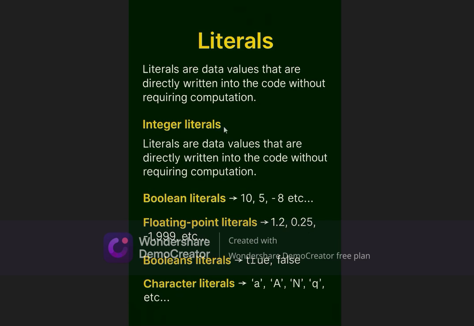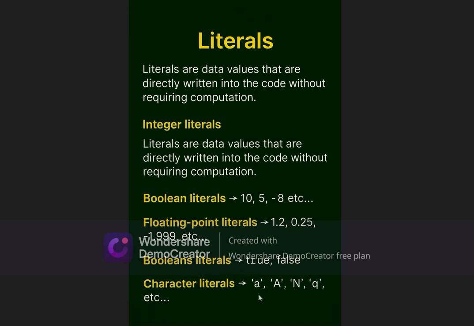Integer literals means if we are using an integer, then it is a integer literal. For example, 10, 5, minus 8. Floating point literals means if we are using a decimal point numbers, then those are floating point literals. If we are using Boolean values like true or false, then those are Boolean literals.